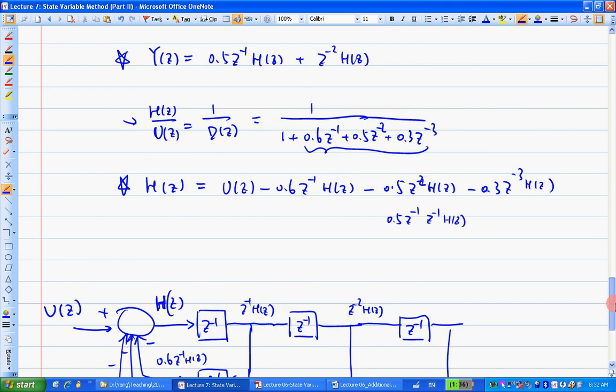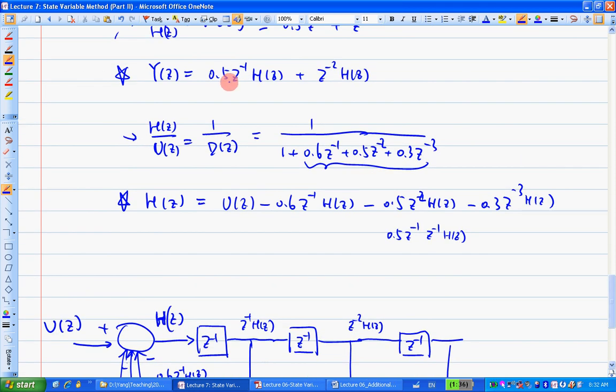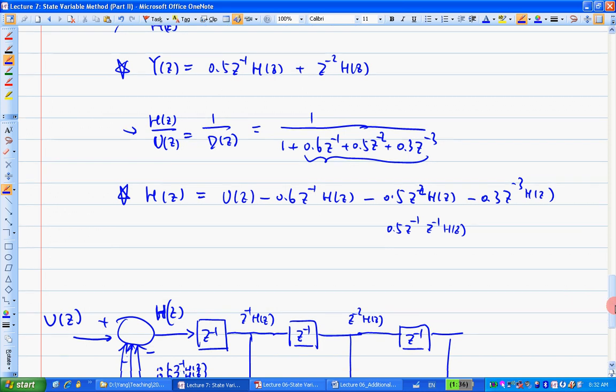Then we can construct this expression here. What's this expression? It's 0.5 multiplied by the signal from here. So you drag a term here, 0.5.